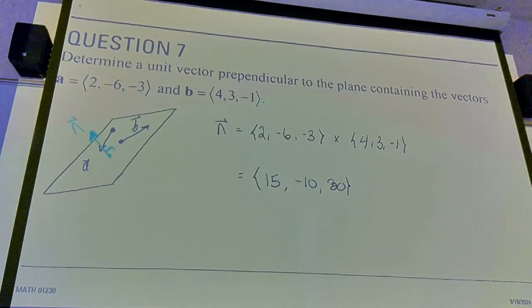Oh, but wait. It asks for a unit vector. So we have to normalize that. What happens to the vector if I just drop a 5?